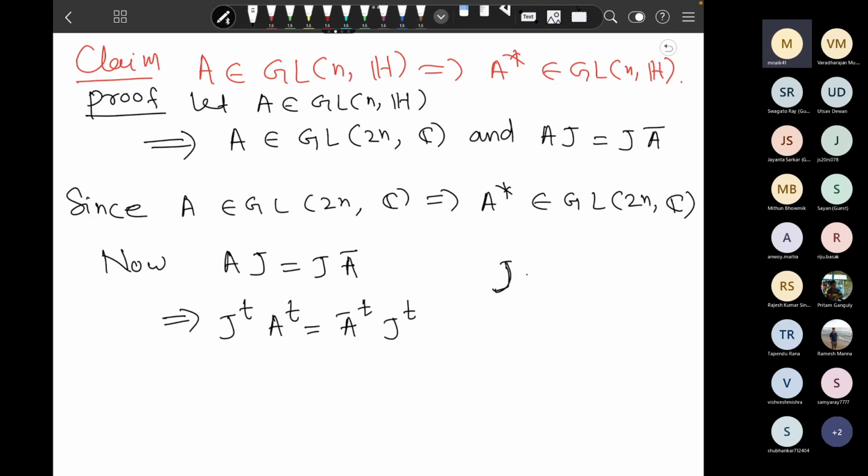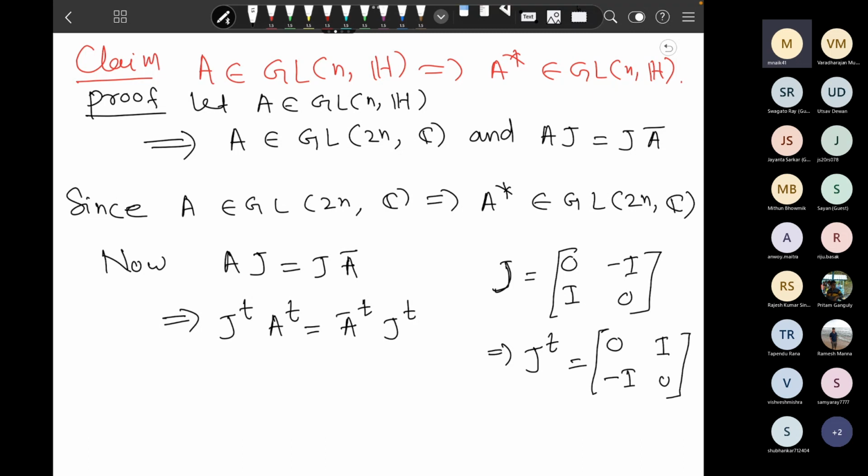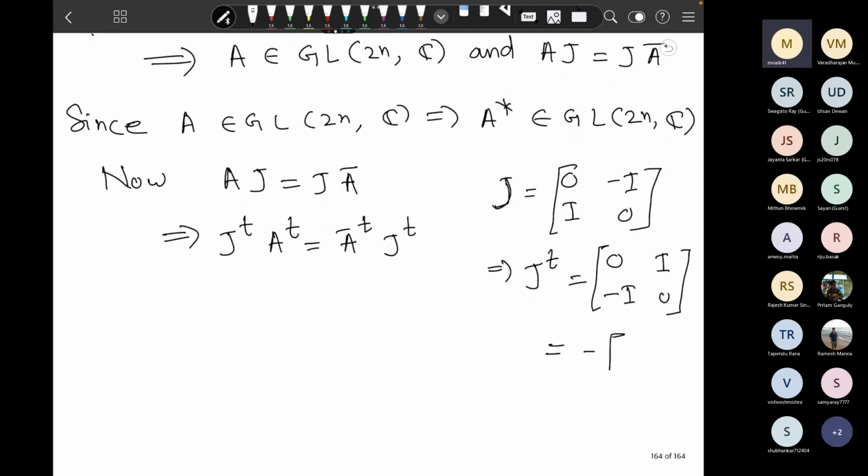Now J is the matrix 0, I, minus I, 0, so J transpose is equal to minus of J. I will use that fact here: J transpose I replace by minus J. A transpose is nothing but A star bar, and A bar transpose is equal to A star.